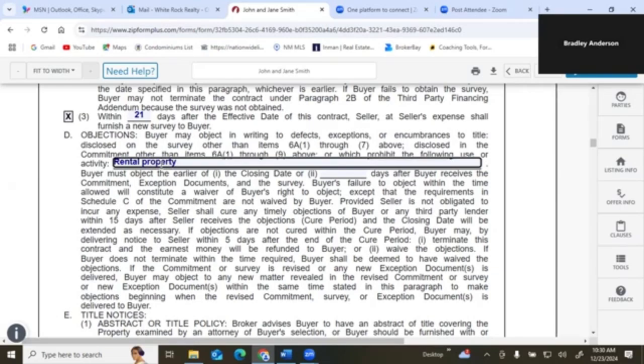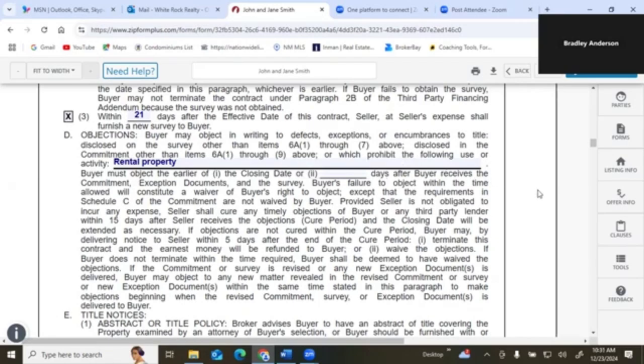So why would you put this here? Well, it says buyer may object in writing to defects, exceptions, or encumbrances to title disclosed on the survey other than items 6A1 through 7 above. Those are the exceptions that no one has control over. Disclosed in the commitment, other than 6A1 through 9 above, or which prohibit the following use or activity.